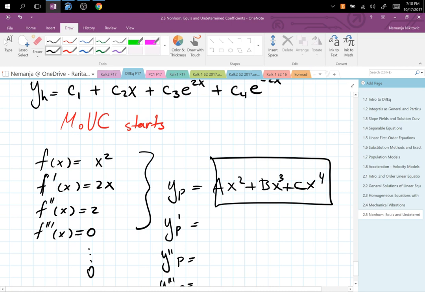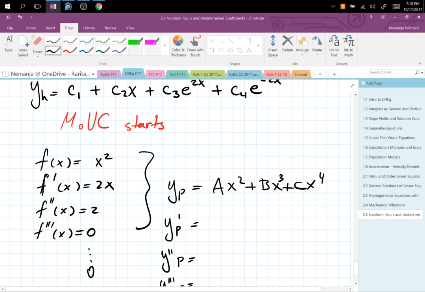So as long as A, B, and C are different from each other, and not scalar multiples of each other, then you're fine. Now I'm trying to think if this was the way to fix it, or we have to multiply. Well, if this doesn't work out, I think then we have to use a different function.